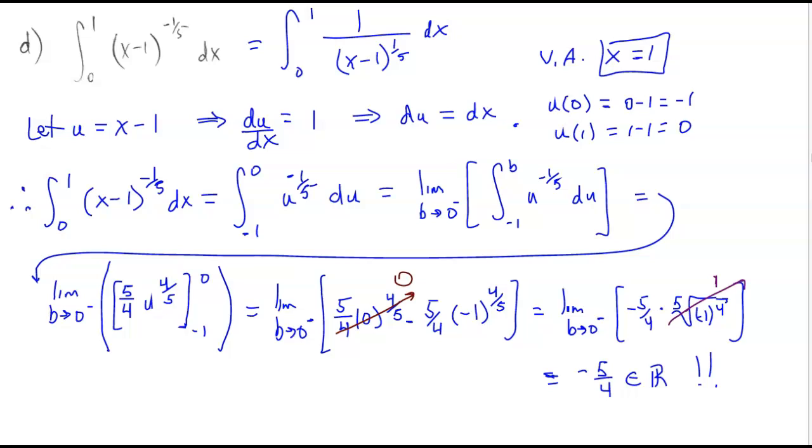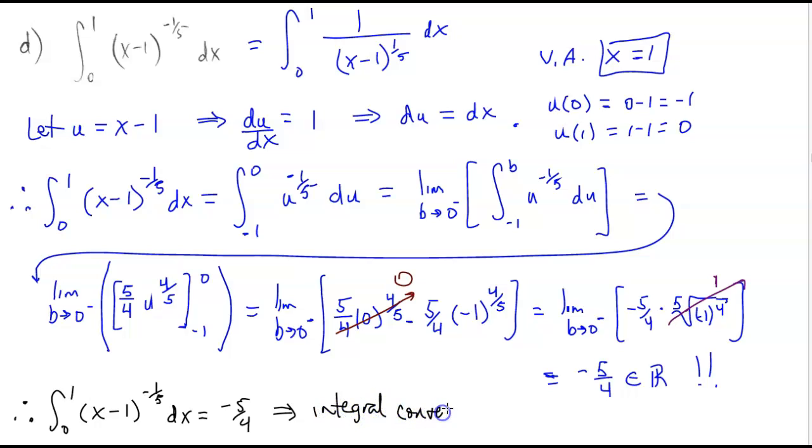So to finalize everything for this problem, we'll say therefore the integral from 0 to 1 of x minus 1 raised to the minus 1/5 dx is going to be equal to negative 5/4, which means that this integral converges. Okay. All right, so let's move on to the next example.